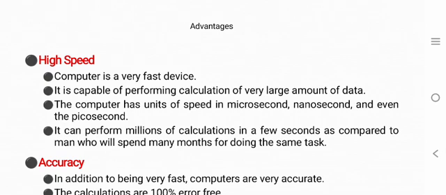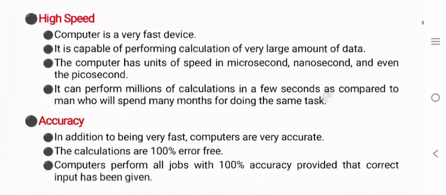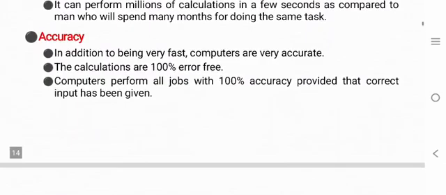Now, computers offer several important advantages. They work at very high speed, performing millions of calculations in a second. They are extremely accurate, producing error-free results if the input and instructions are correct, called accuracy.